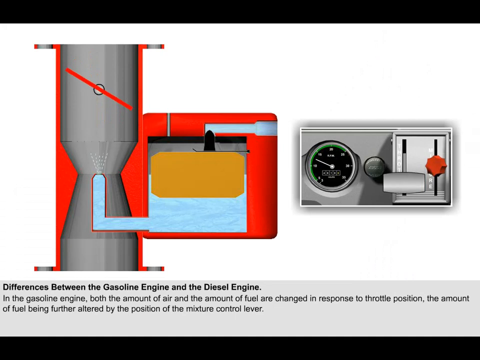The amount of fuel being further altered by the position of the mixture control lever. The mixture control lever of the gasoline engine is required to maintain a balance between the amount of fuel and air being allowed into the combustion chamber in order that a reasonable fuel consumption can be maintained while still keeping the spectre of detonation at bay.